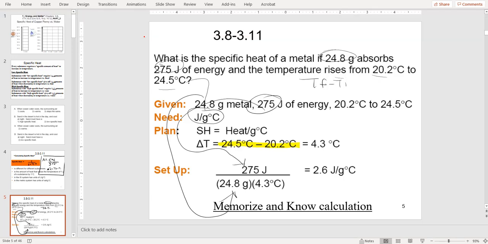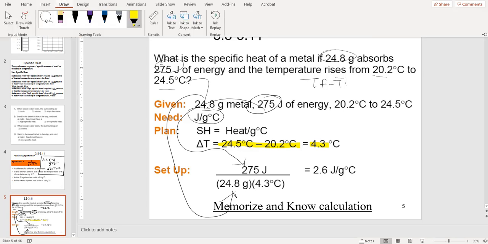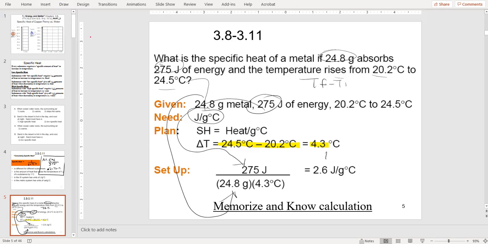So here is the temperature final minus temperature initial, and you have to make sure you put in this value and note whether it's positive or negative. So right now this is actually positive, so that's a positive value.